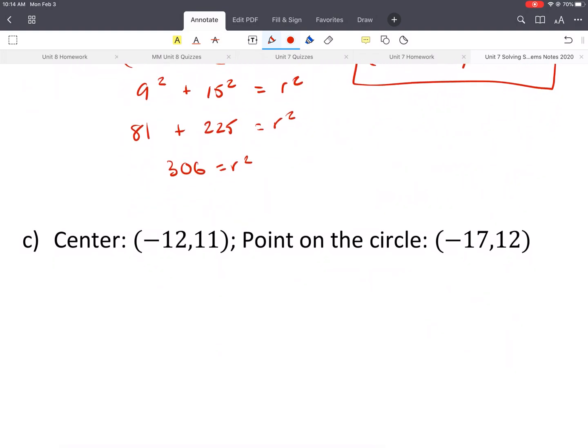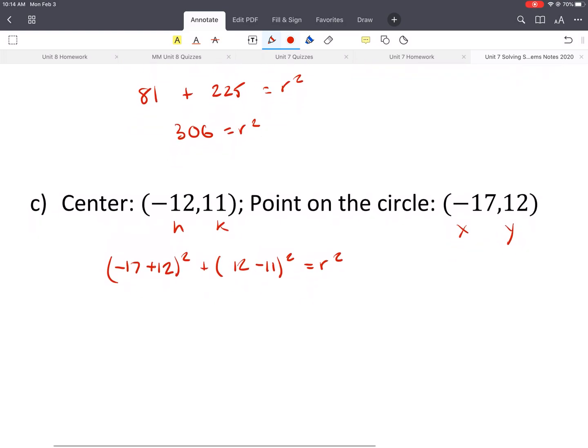For C, again, I'd like you to write down the h and k, x and y every time you do this. So negative 17 minus a negative gives us a positive 12, plus y, which is 12 minus 11 squared, is equal to the radius squared. So this gives us a negative 5 squared plus 1 squared.